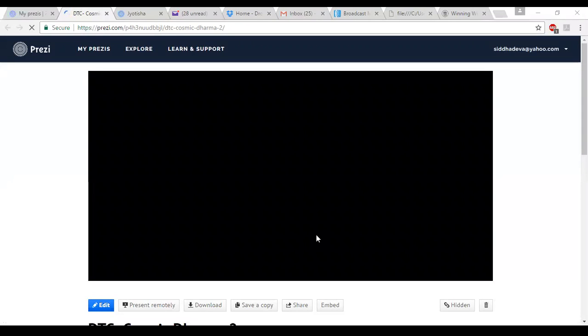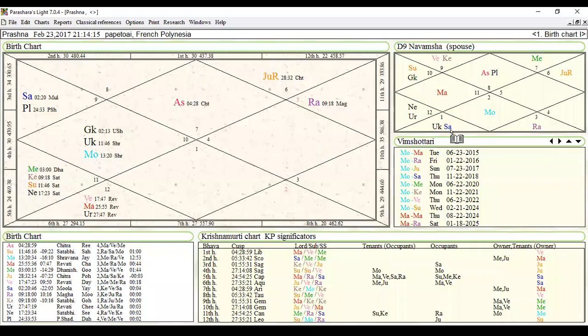So, for example, going back to the chart, Saturn, while it's debilitated in Aries, will be exalted in the sign opposite. And that's true for every planet. Sun, which is debilitated in Libra, will be exalted in Aries. Moon, which is exalted in Taurus, will be debilitated in Scorpio.